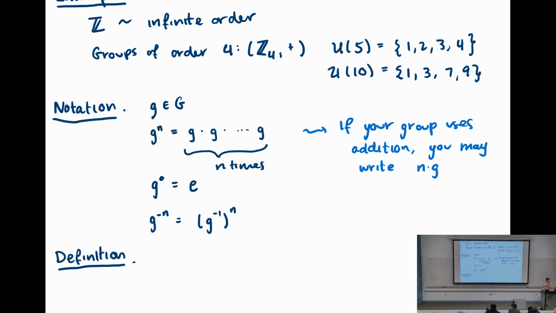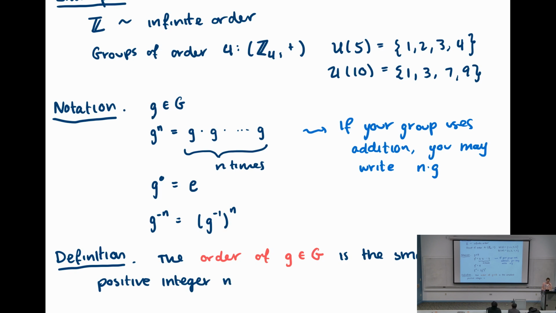So the order of some element g in a group G is the smallest positive integer n such that g^n is equal to the identity.